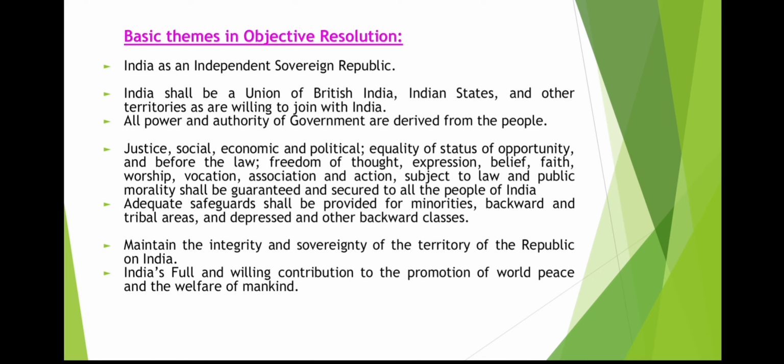They may be outside India, but if they want to join with India, they can join. And all power and authority of government are derived from the people, and it is also secured and guaranteed to the people: justice, equality, and freedom.